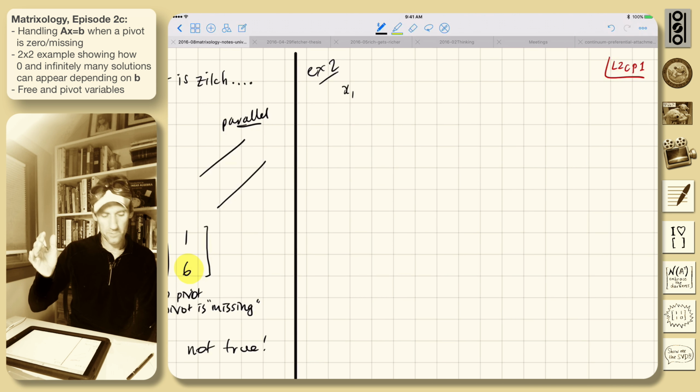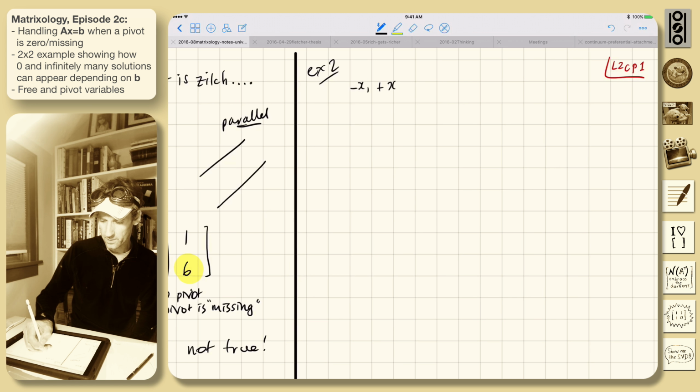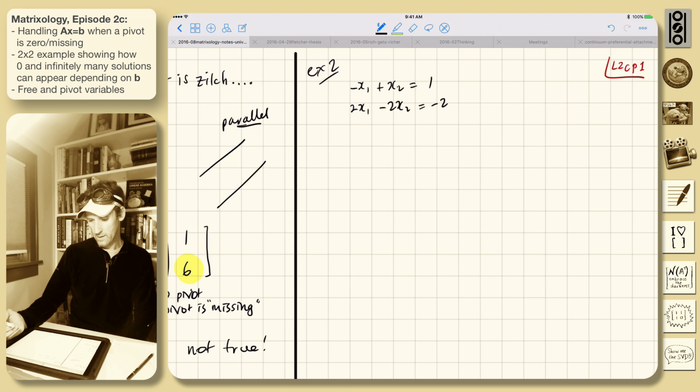Let's go straight to the column. I'll just do the same format. Minus x1 plus x2, 2x1 minus 2x2 equals minus 2, and this one is equal to 1.